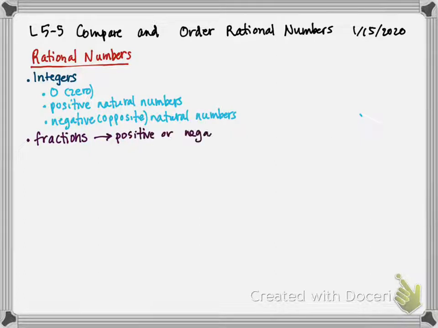So any fraction that's positive or negative is considered a rational number. Now, that also includes mixed numbers and improper fractions. They're considered, because we can rewrite them as a fraction, improper fractions. Those all are considered rational numbers.